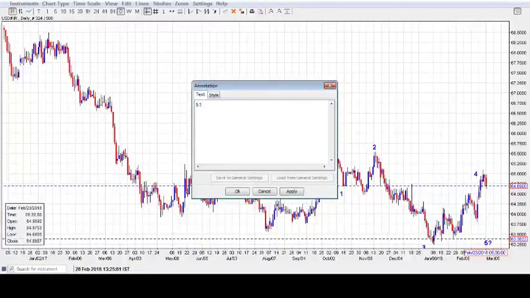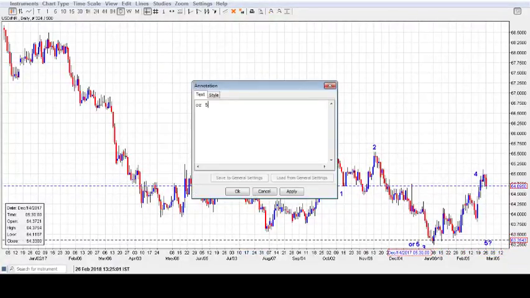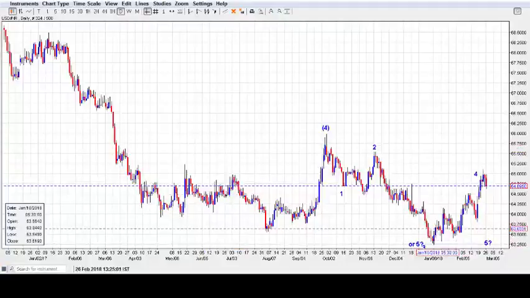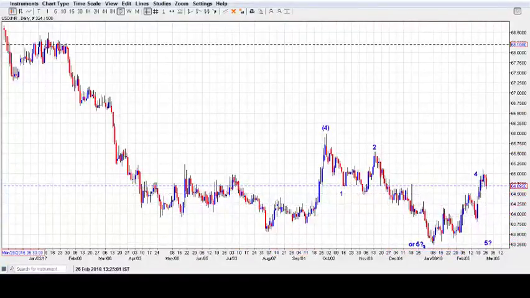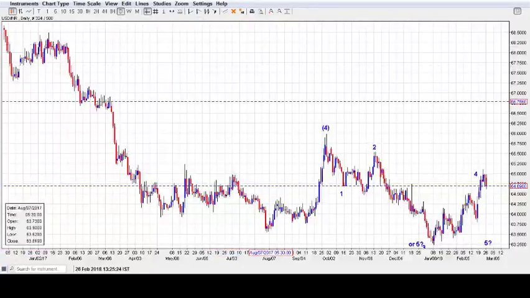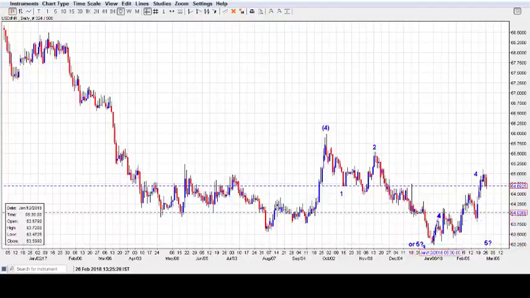So either it has done as an alternate. Could be the fifth wave is already terminated, and if it is terminated, a new trend has begun. But I'm putting it as an alternate. Why? Because the wave counts until now from 63.25 levels onwards have not unfolded as an impulse.